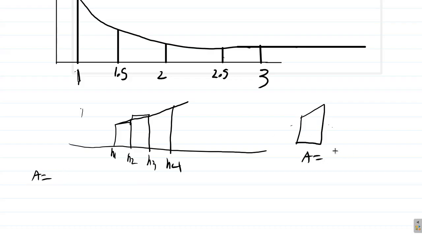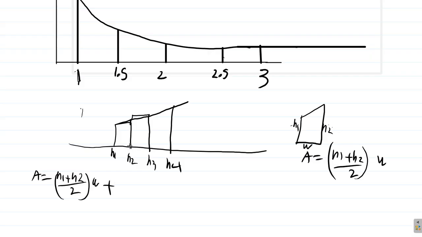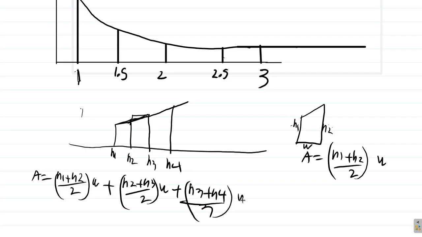The area of a trapezium is the average of the two different heights. If you have height 1 and height 2, it's h1 plus h2 over 2 times the width. The area of the first trapezium is h1 plus h2 over 2 times the width, plus the second trapezium, h2 plus h3 over 2 times the width, and the third trapezium, h3 plus h4 over 2 times the width.